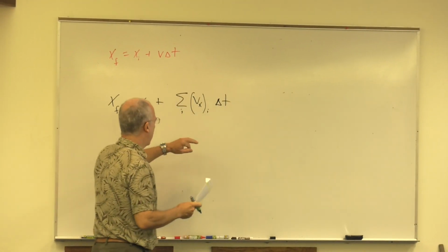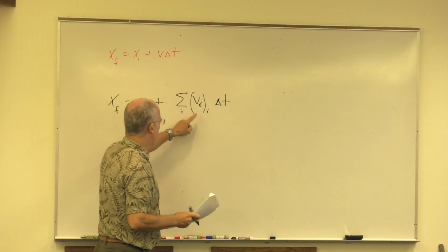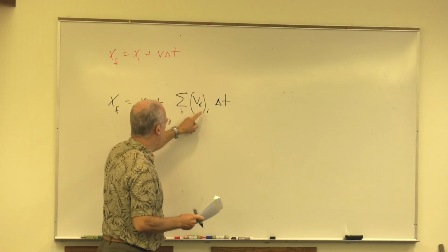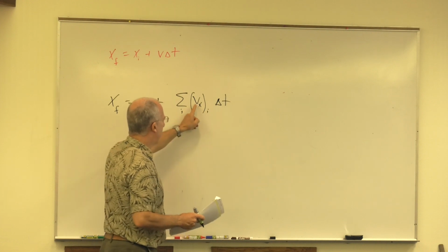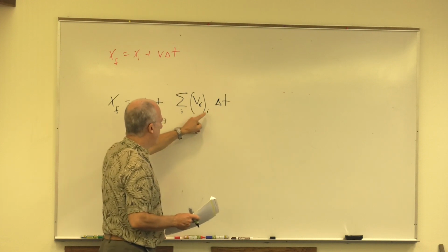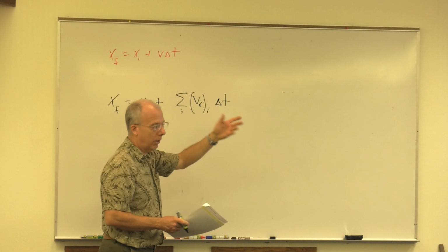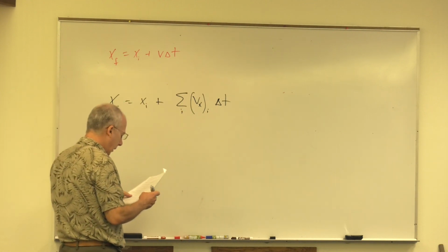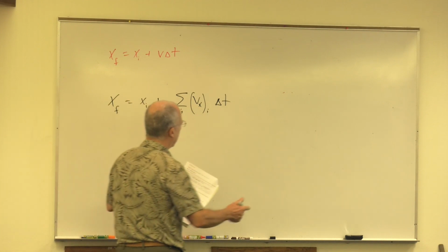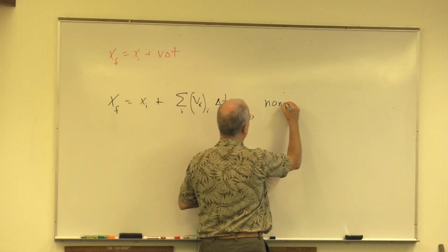Make sure you understand this. So this is a sum, Vx, and we're summing over i. So it's Vx1 delta t plus Vx2 delta t plus Vx3 times delta t, and so forth and so on. That's what I mean by that sum. And you have that in math. Again, this is for non-uniform motion.